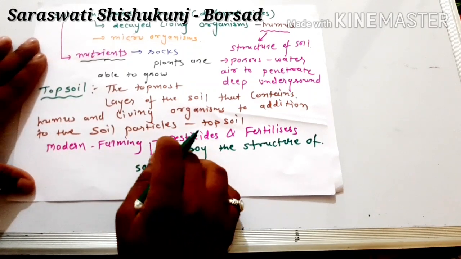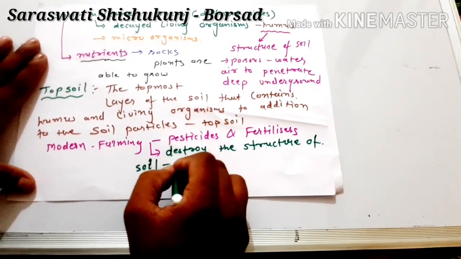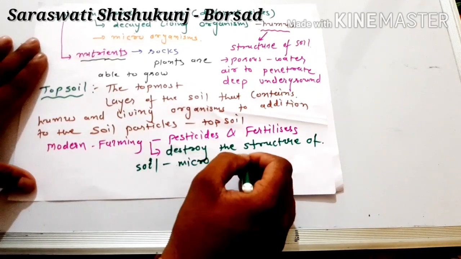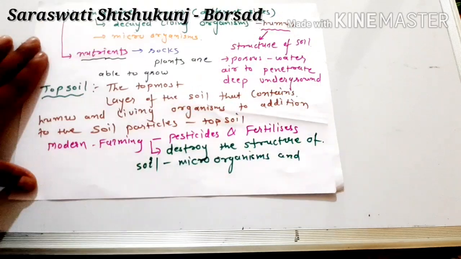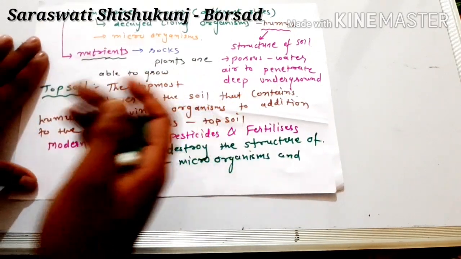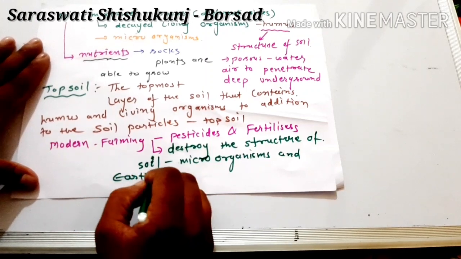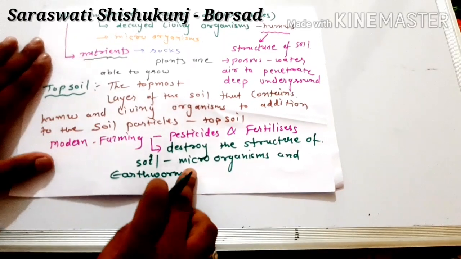How will it destroy? Because due to pesticides and fertilizers, the microorganisms and some of the important organisms like earthworms get affected.